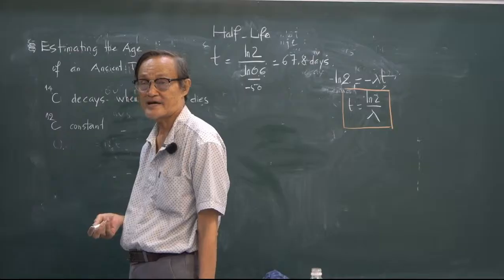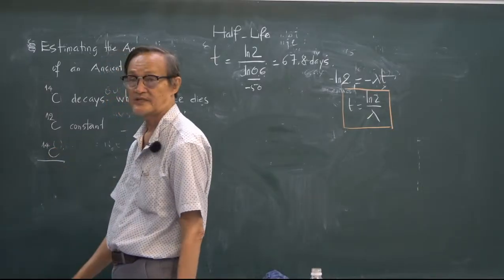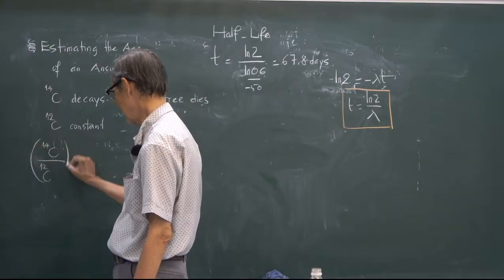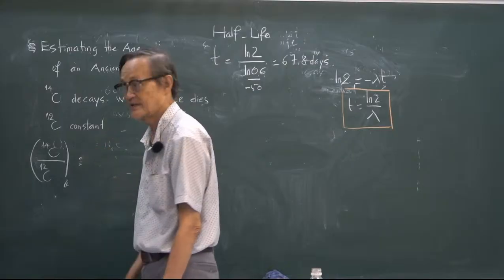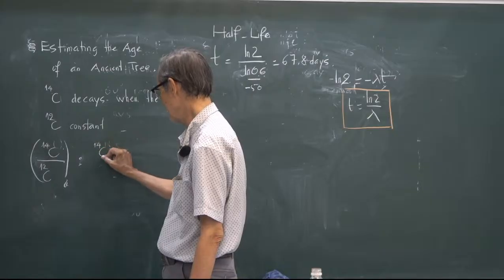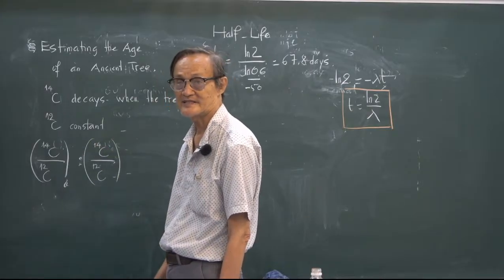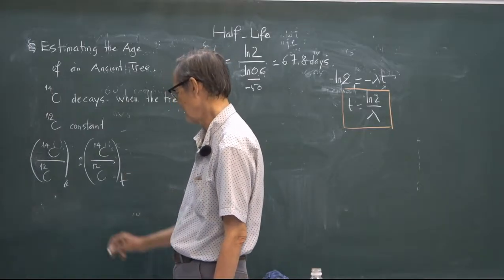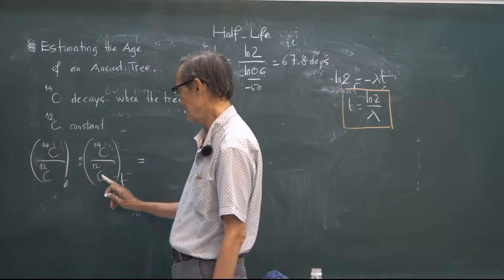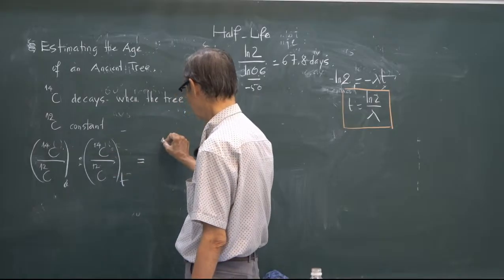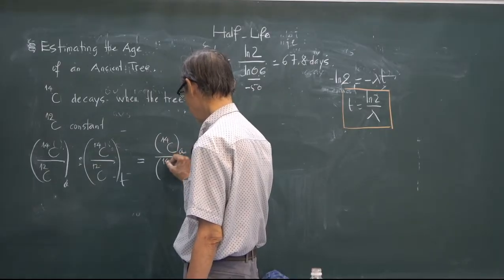So, by comparing the ratio carbon-14 divided by carbon-12 of the ancient tree with carbon-14 divided by carbon-12 of a similar tree that is alive today, because carbon-12 is constant, we have carbon-14 of the ancient tree over carbon-14 today.